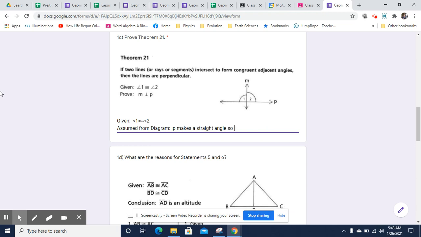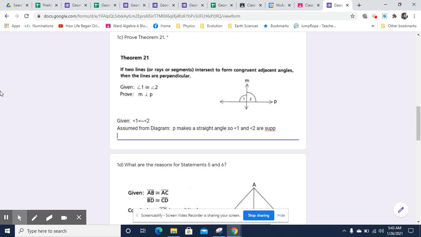So angle 1 and angle 2 are supplementary. So the measures of angle 1 and angle 2 add up. There's a lot of ways we could do this, but the measures of them add up to 180.